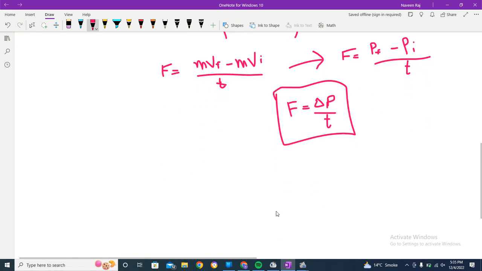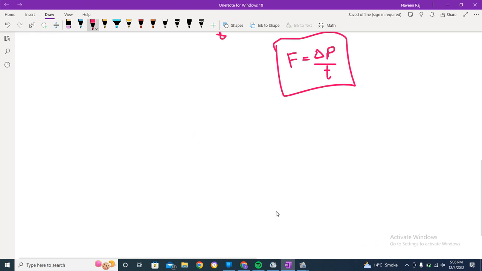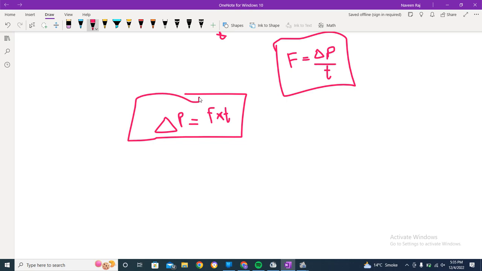Here we have the force formula, and we also have delta p. If you want to find delta p, the change in momentum, you put the formula and you will get F into t. This is also very important.